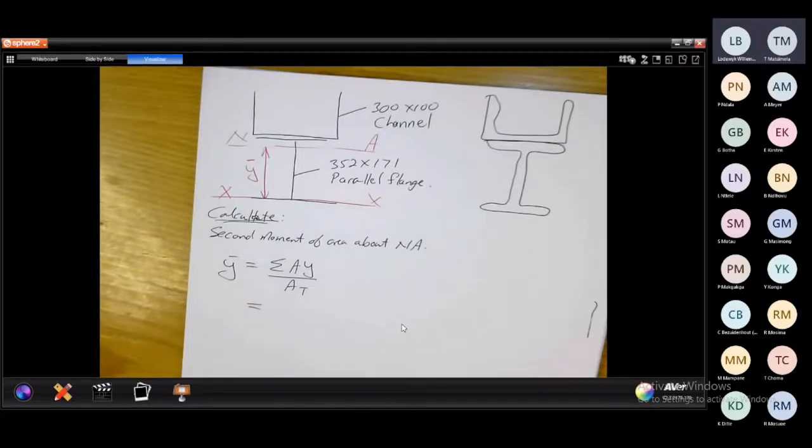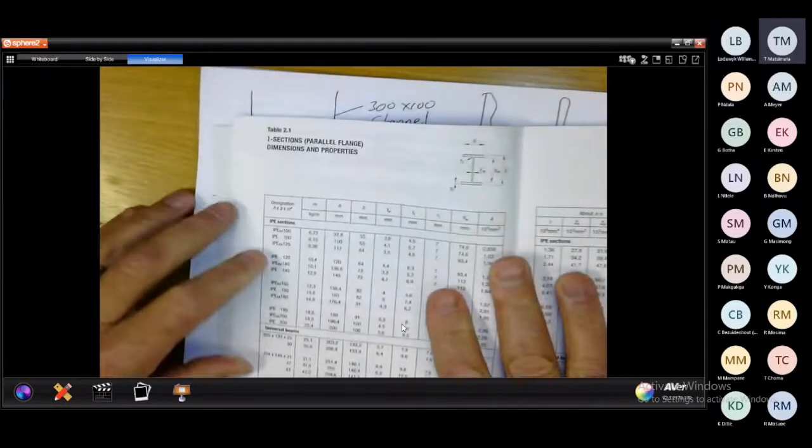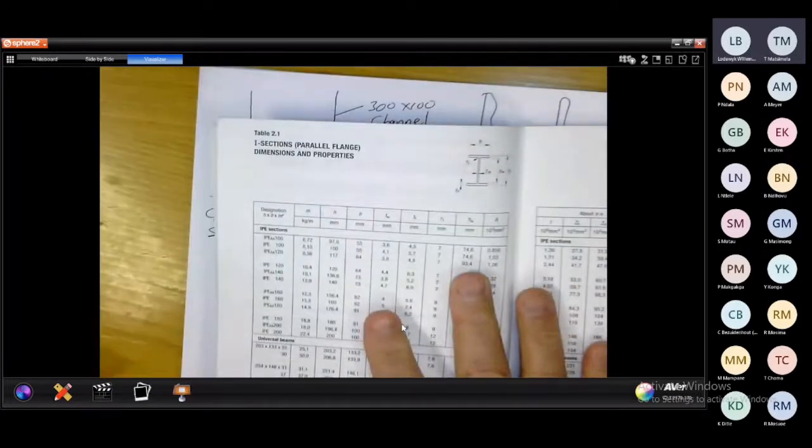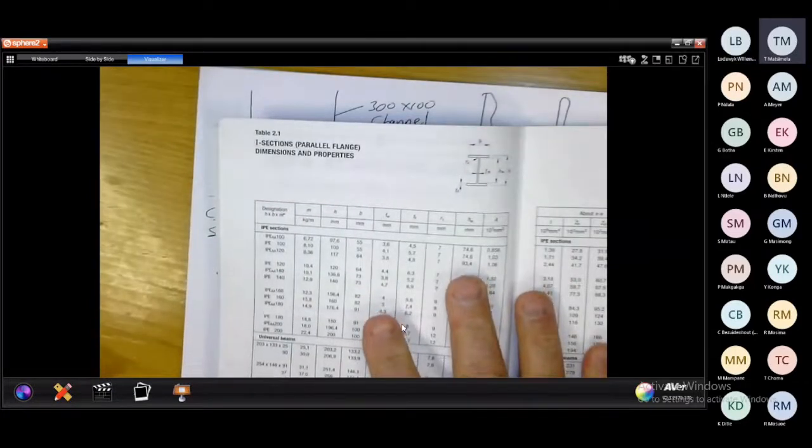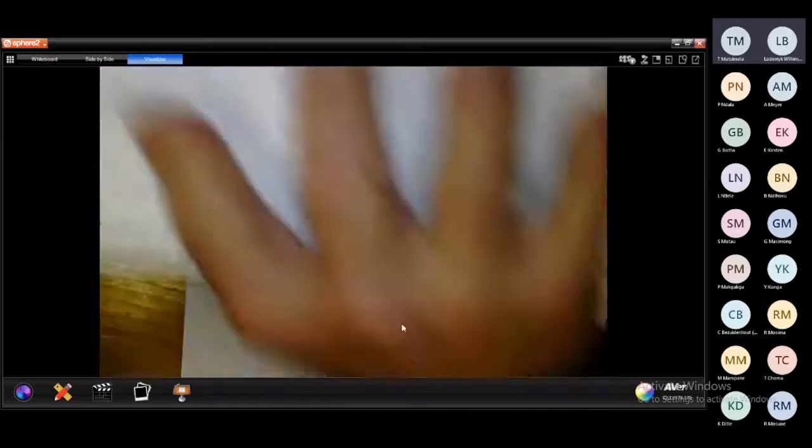Okay. Now, if you open your book, let me start with the I section, the parallel flange. Important here, people, if you open your book, I have it somewhere a little bit bigger. Let me choose that one.